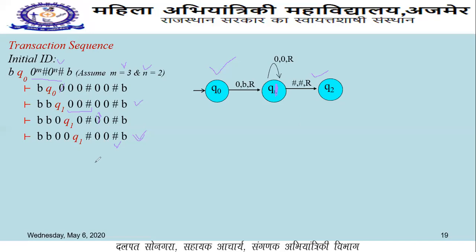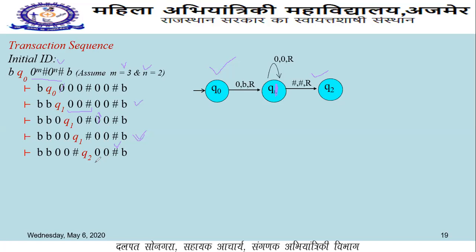Okay, so at q2 we are reading 0. Earlier we read 0 at q1. When we read 0 at q0, then we just process that by replacing that 0 by blank and move on right hand side direction.